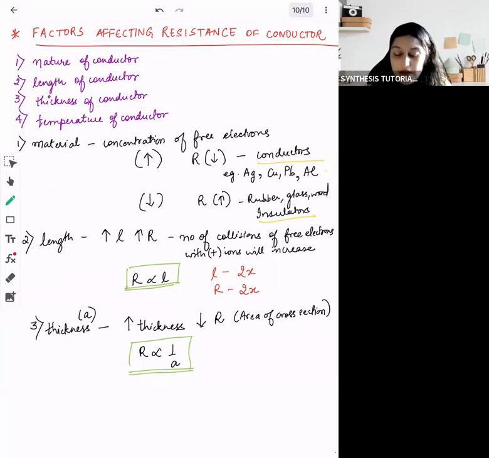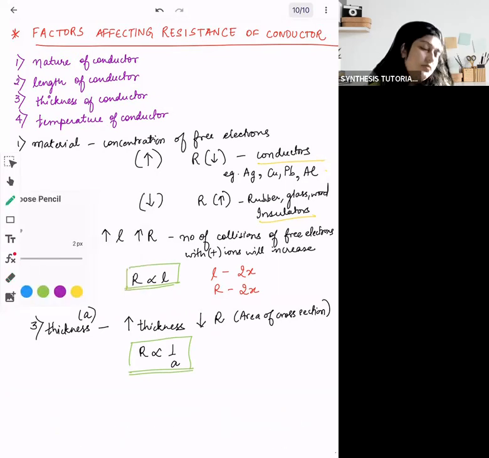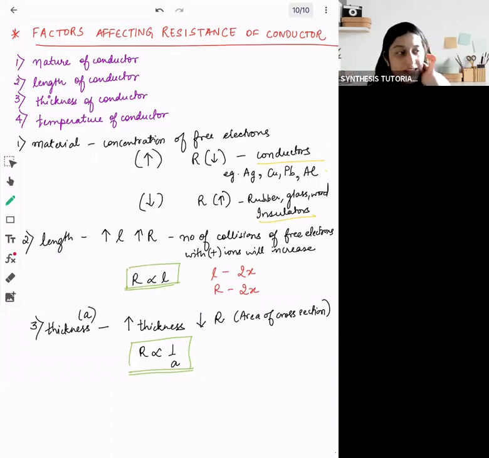Because area, suppose we are taking cylindrical, so if we increase its thickness, let's say 2 centimetres was doubled to 4 centimetres, then only the radius is doubled, but what will the area become? Pi r squared, understanding? So 4 squared, that means this becomes 16. So whenever even if your radius is increasing or one dimension is increasing, the overall effect on the resistance is square. But square in the sense of inverse.